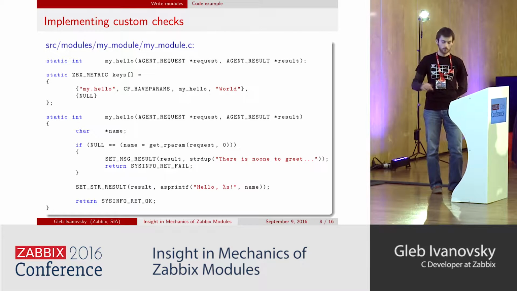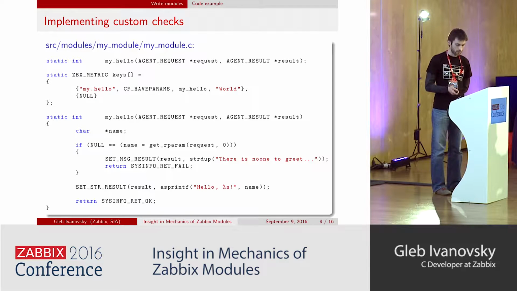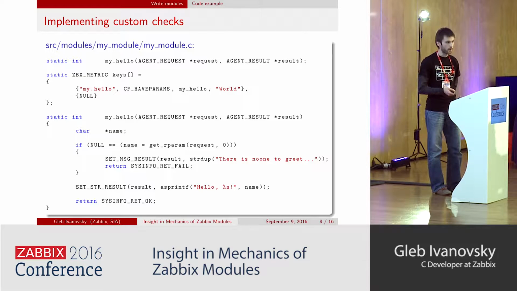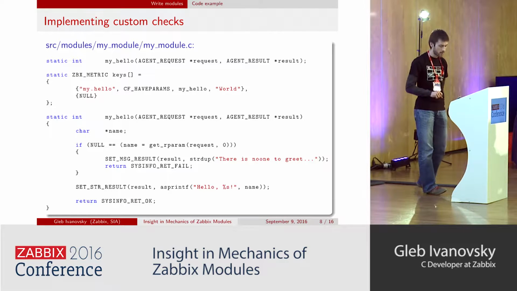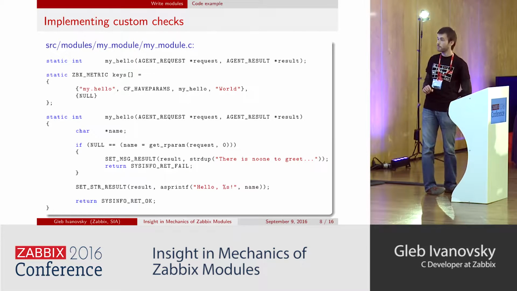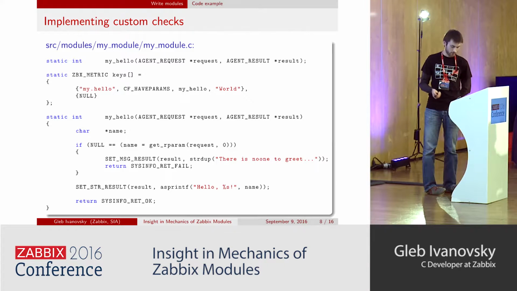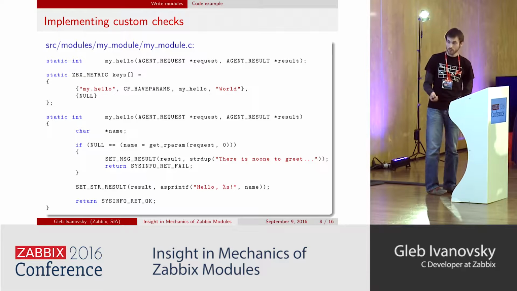If there is none, we say that there is no one to greet, and we return fail. Our check failed in this case, if there are no parameters. If we have someone to greet, we greet him. And this is the result of our check. It's successful.